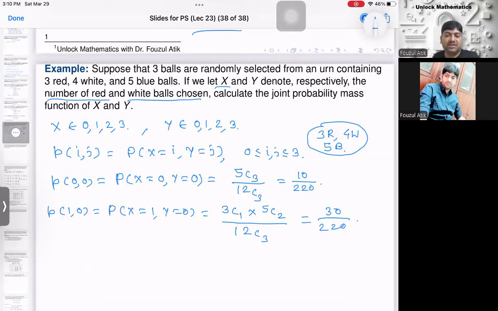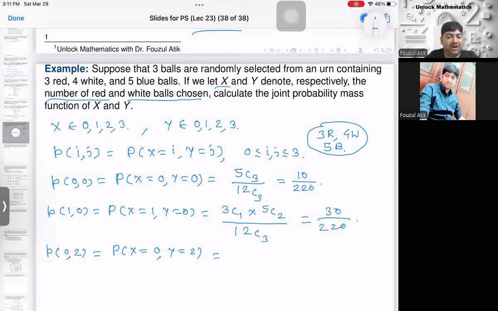Correct? In this way, you can calculate all the values P of 0, 1, P of 2, 0, P of 0, 2. Maybe I'll do one more. P of 0, 2. How will we find it? It means P of X equal to 0 and Y equal to 2. Among these three balls, there are 0 red balls and 2 white balls.